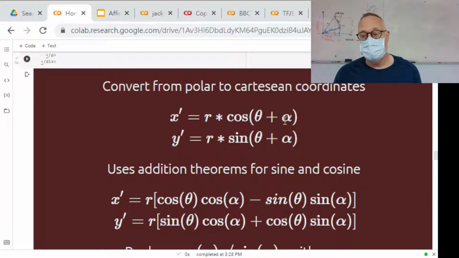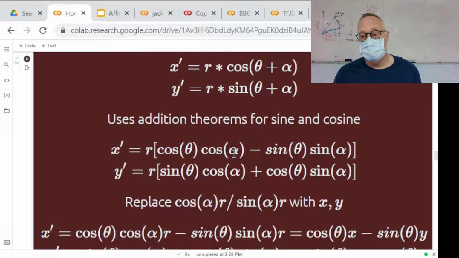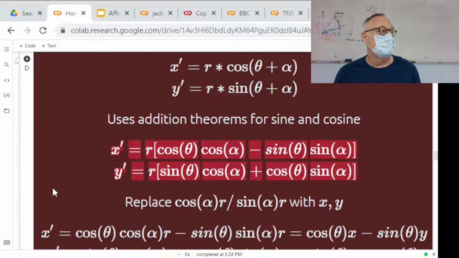So cosine alpha plus theta plus alpha will be r cos theta cos alpha minus sine theta sine alpha, and replacing sine theta plus alpha with sine theta cos alpha plus cos theta sine alpha gives me the second line here. That's replacing it with the addition theorems.